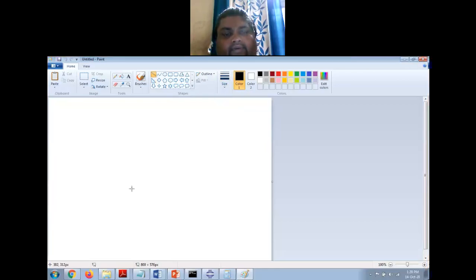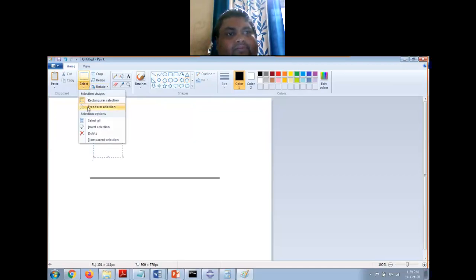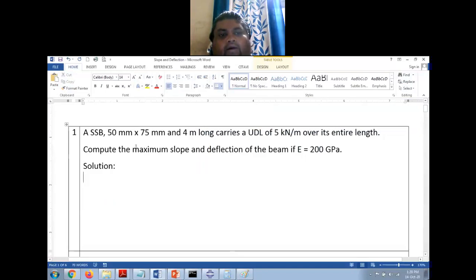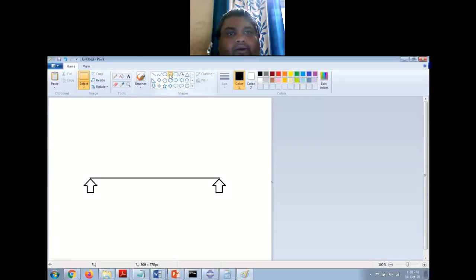So I have a beam like this, and there is support. So it's a simply supported beam, and on this there is a UDL of 5 kilonewton per meter.